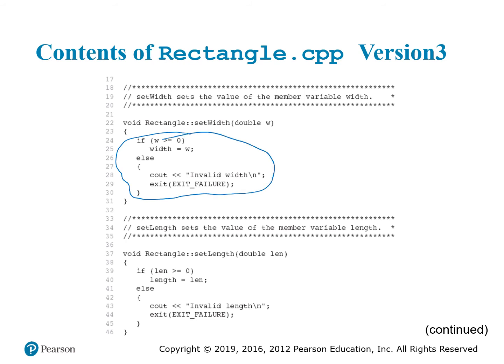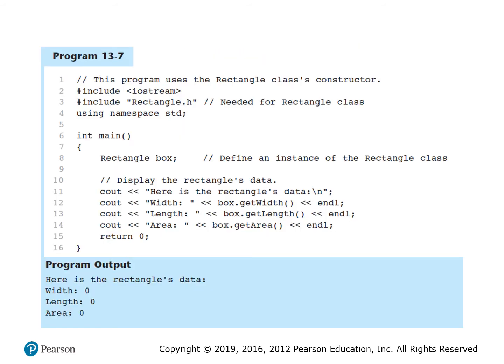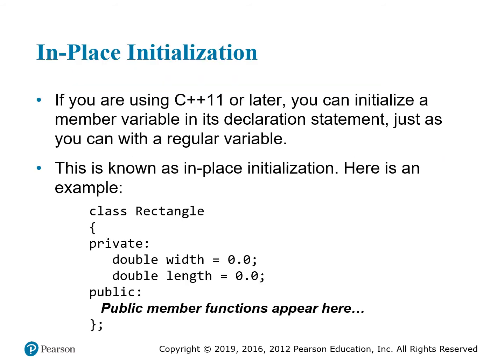Like I was talking about with my circle, which might not want to have a negative diameter. Well, this is saying we can't have a negative width. So it'll print out invalid width and exit the program. That's kind of harsh, but that's what they decided to do. There's usually a more elegant way to handle an error than just quitting the program, but who knows?